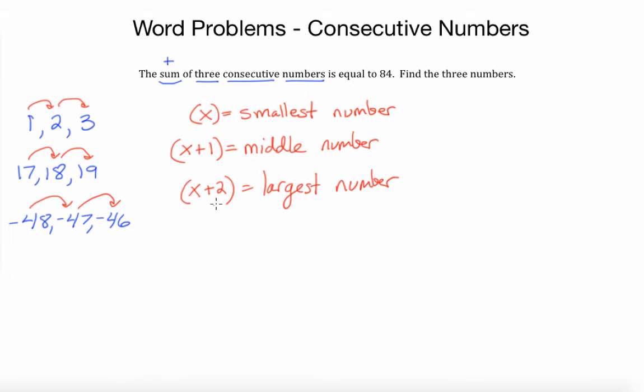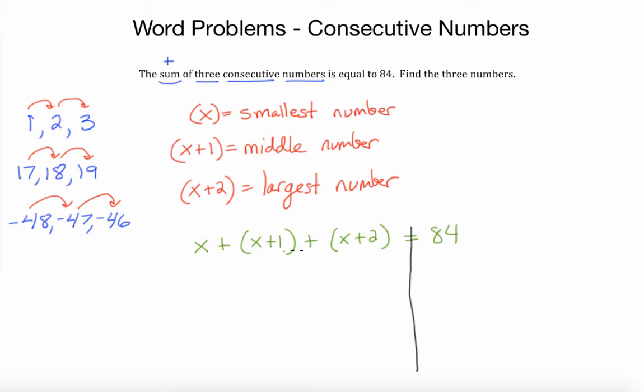The sum of these three numbers, x plus x plus 1 plus x plus 2, has to add up to 84. So I can write out the equation: x plus (x plus 1) plus (x plus 2). Do you see it? The sum of three numbers, and the sum is equal to 84. And now we have, folks, an equation we can solve.